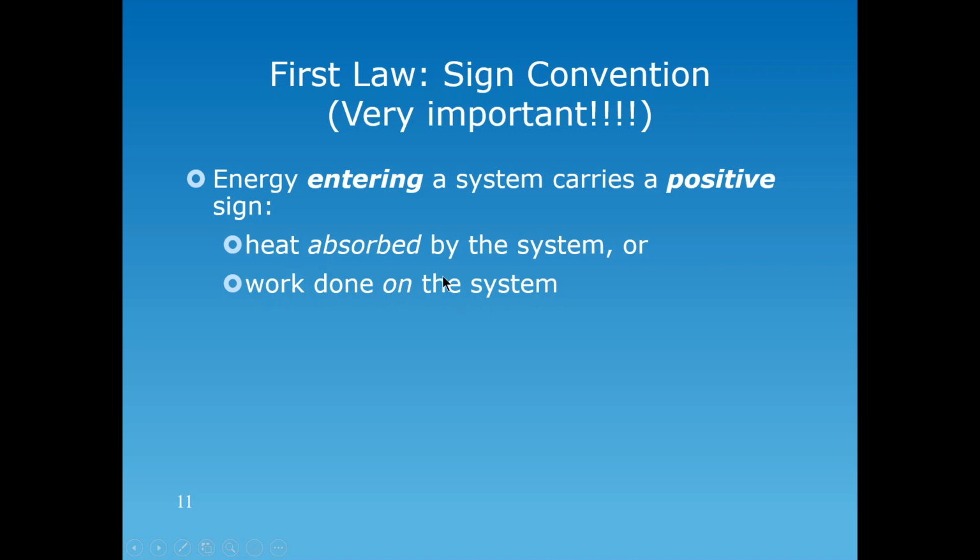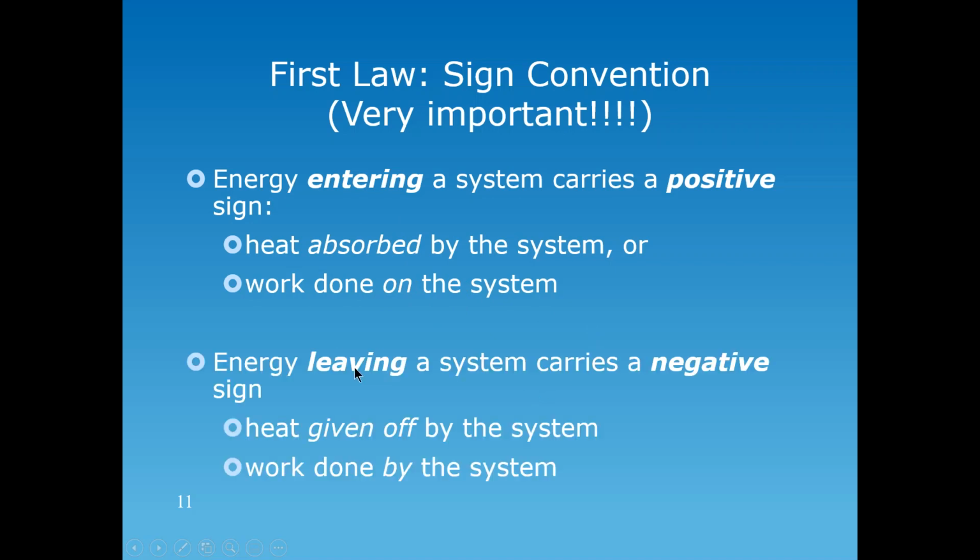And if both of them occur, then definitely the total energy change would be positive, all right? Now, if on the other hand, energy is leaving the system, in other words, the change in internal energy would be negative, then that can be done by one of two ways: either by the heat given off by the system or the work done by the system on the surroundings, all right?